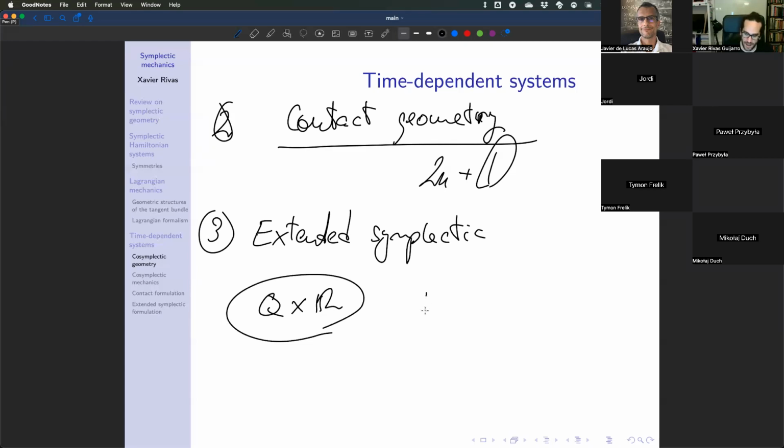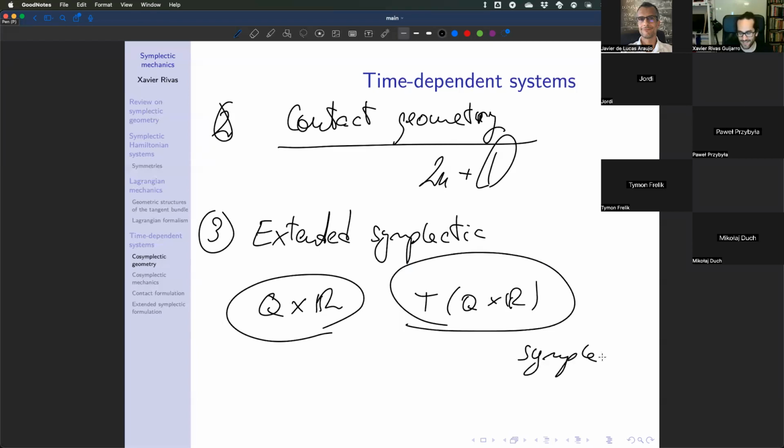So my phase space will be this thing here, and it has a virtue: it is symplectic, in the case you have a Lagrangian and everything works. It is even dimensional, so it has the potential to be symplectic. And you can use all the symplectic tools that we know to build a formalism for time-dependent systems here.